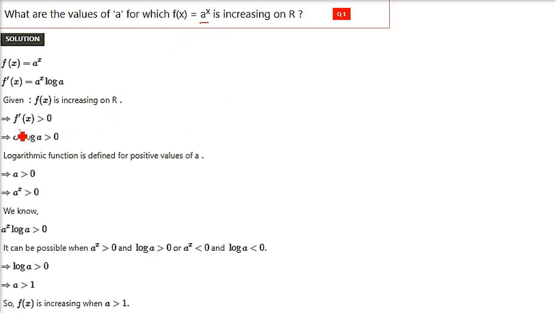We have two terms, a raised x and log a. It is greater than 0 only when a is greater than 1, because we know the graph of log a and the differentiation of a raised x. a should be greater than 1 for increasing, and a should be between 0 and 1 when it is decreasing. We are going to take those questions in a short while.